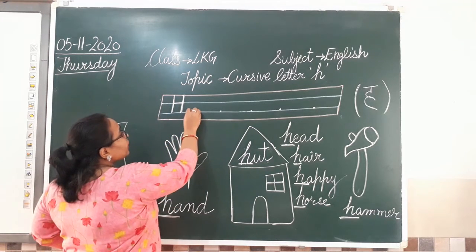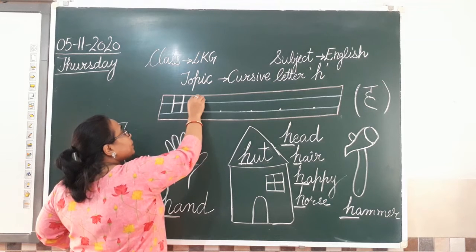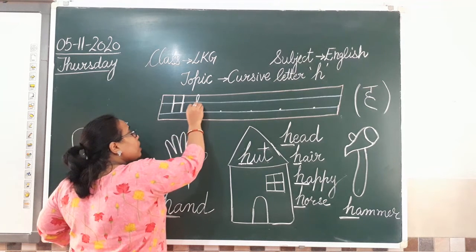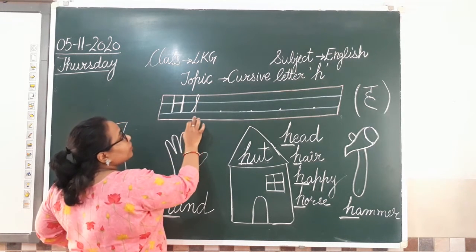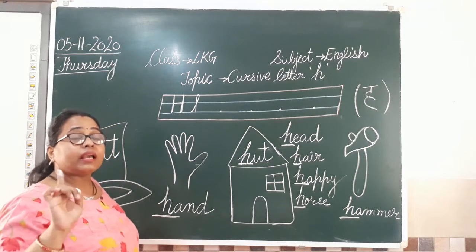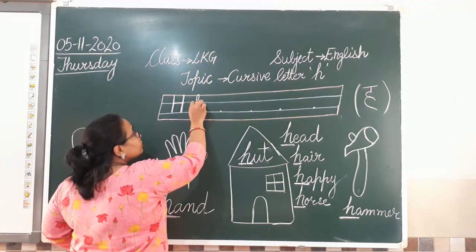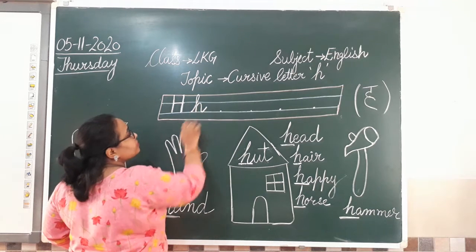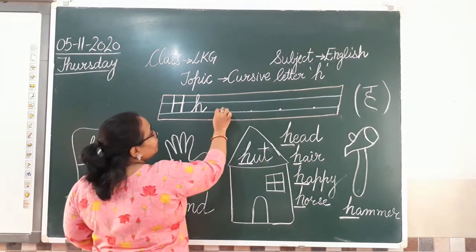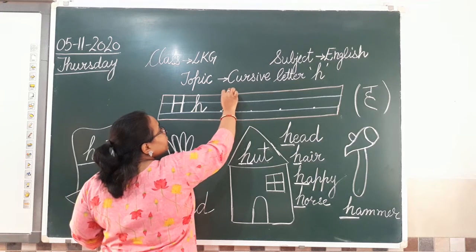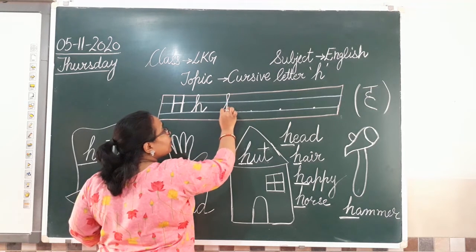Now, how to begin? Go up, come down. Do you remember we learned alphabet B? It is like that. Come down and like this. Now see how we will go. First go up, turn around and come down.